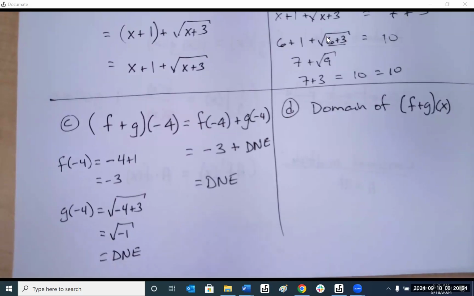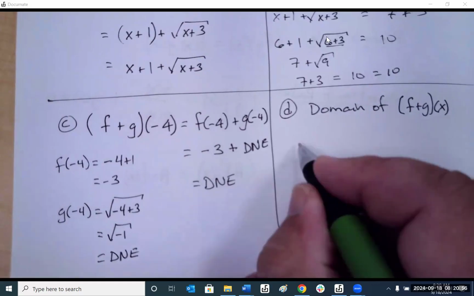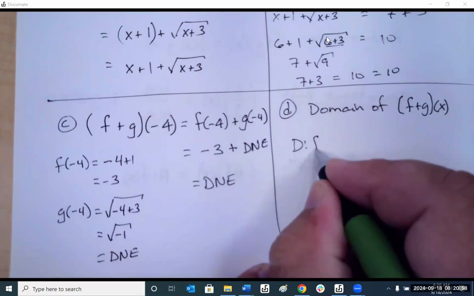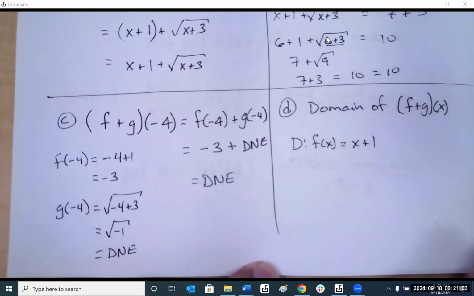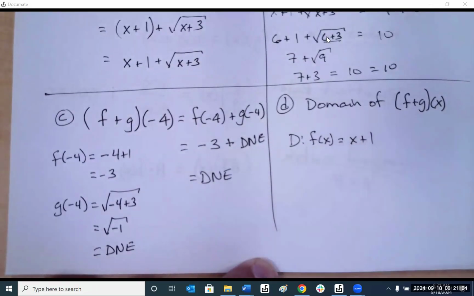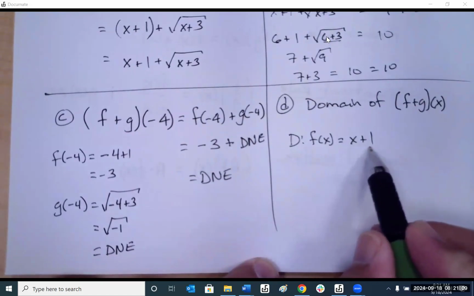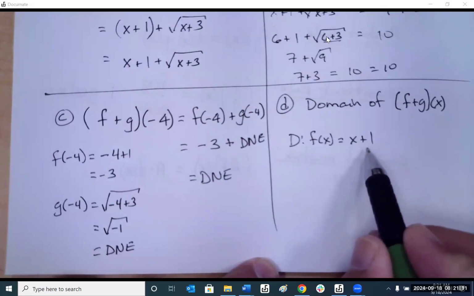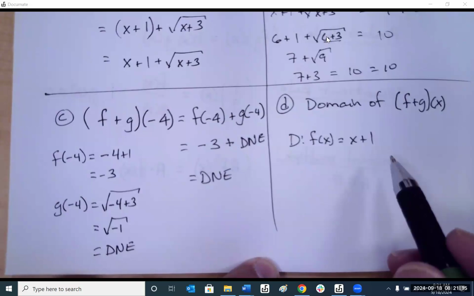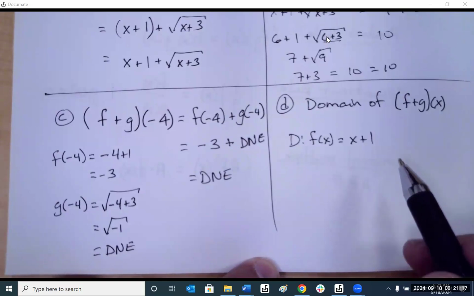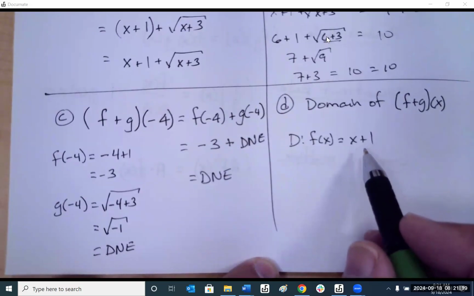Well, let's see why not. What's the domain of f of x? What kind of function is it? It's in slope intercept form. So what kind of equation is it? From the library of functions we did last time. Nope.